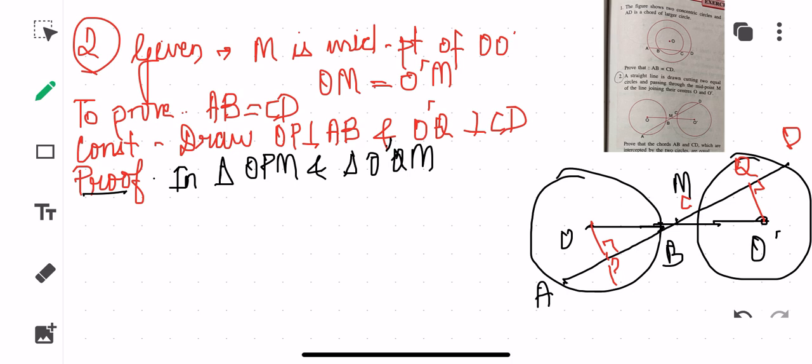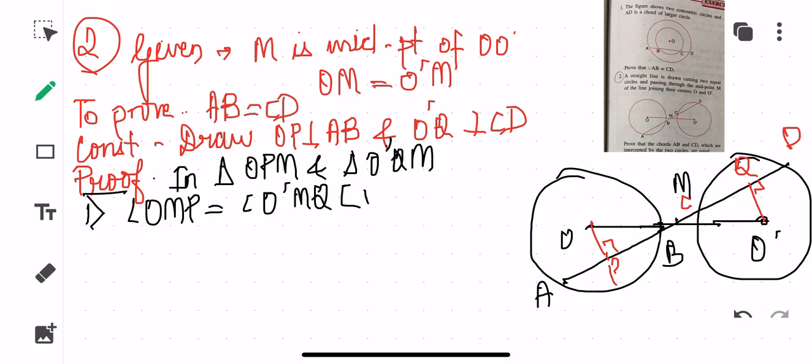So now what you will be writing, the first thing, see what has been given, children. First of all, angle OMP is equal to angle O dash MQ.